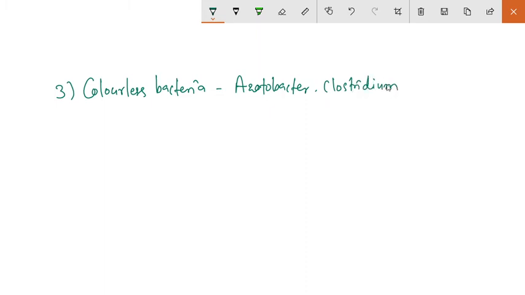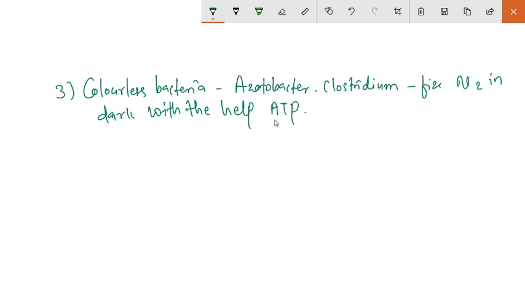They can fix the atmospheric nitrogen in dark with the help of ATP. Okay, they fix nitrogen in dark with the help of respiratory power, ज्याला आपण म्हणतो, with the help of ATP. Okay, ATP which is produced in the respiration.